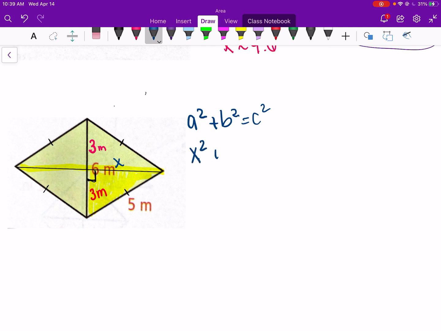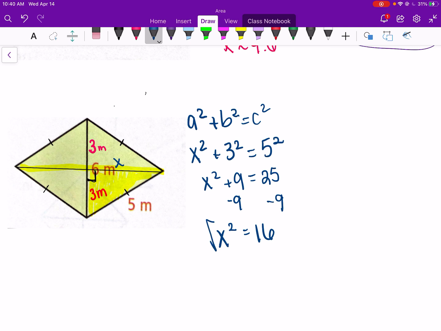So x squared plus 3 squared equals 5 squared. 3 squared is 9, and 5 squared is 25. Subtract the 9 from both sides, so x squared is now equal to 16, and take the square root.